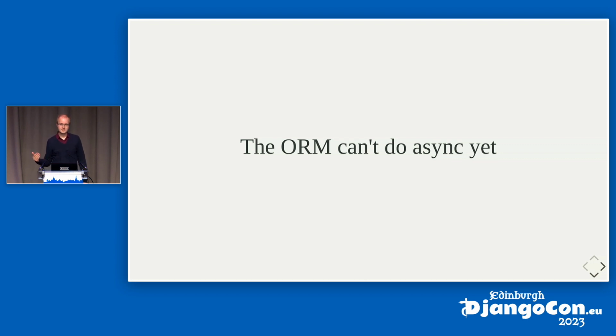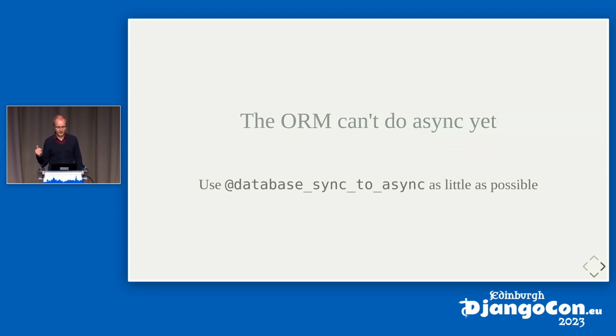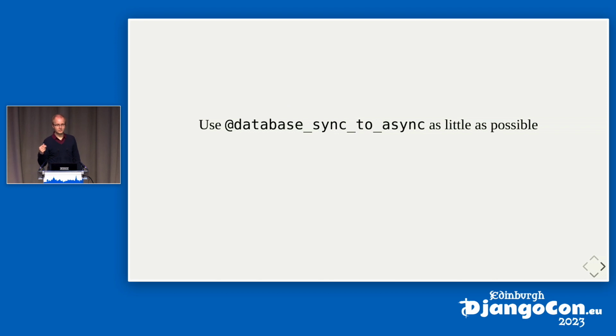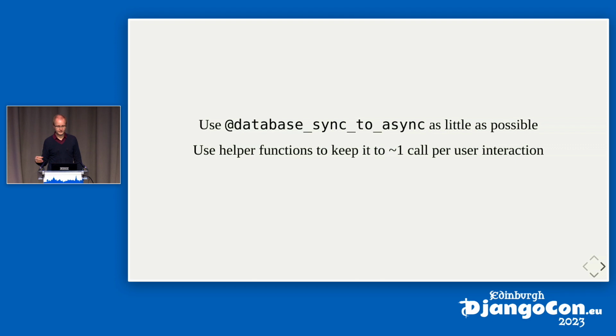And we've noticed in our profiling that the switching between asynchronous and synchronous makes profiling pretty hard, but we're pretty sure that the overhead of this is quite high, so we avoid using it, and we use it as little as possible. Especially, we use helper functions to bundle multiple ORM and database calls together in business logic units and keep it to at most one call per user interaction, and if possible, not use it in broadcast receivers entirely.